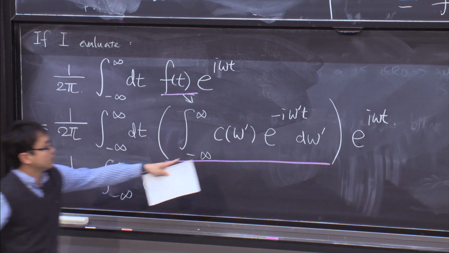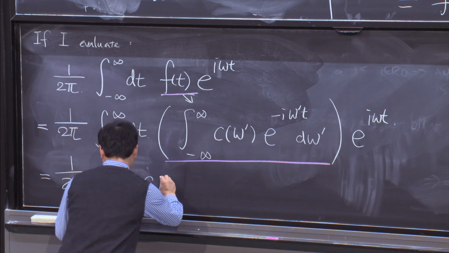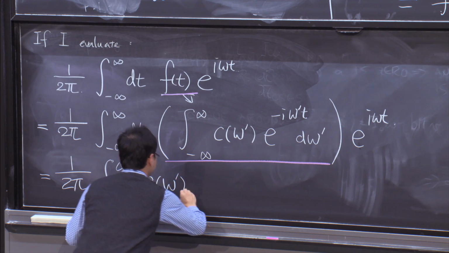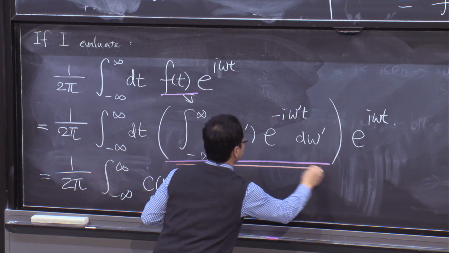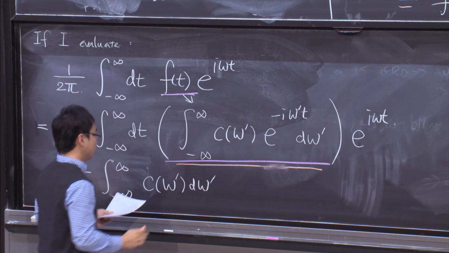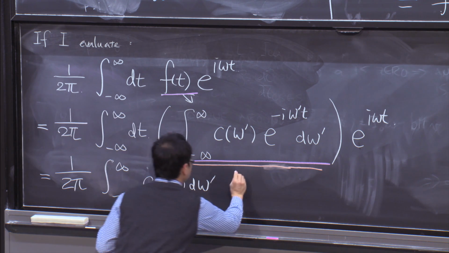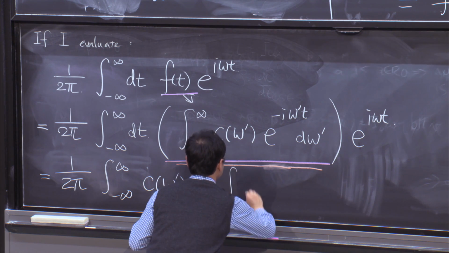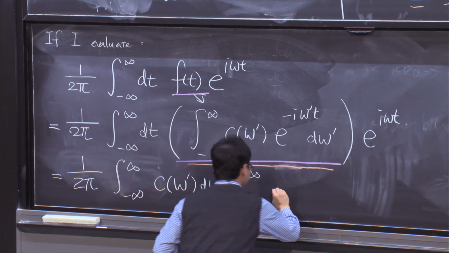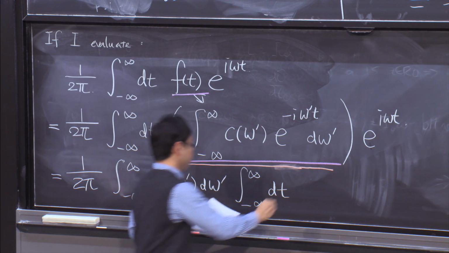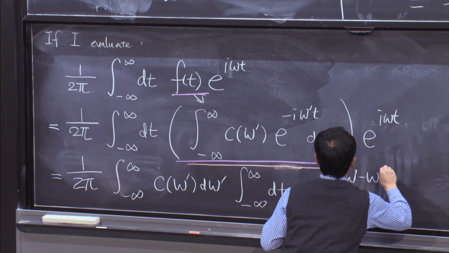I collect all the terms related to omega prime to the left-hand side. Basically, what I get is C omega prime d omega prime. This is actually coming from here. And I have another integral from minus infinity to infinity, this time integrating over t, dt, and I have the exponential i(omega minus omega prime)t.